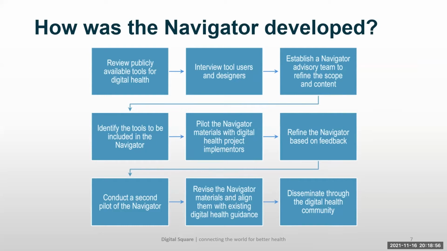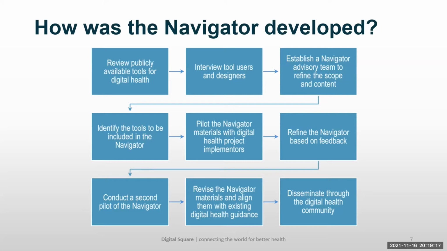Another very important group which has been leading this process is the Maturity Model Small Working Group. If you're not aware, this group is part of the Digital Health and Interoperability Working Group of the Health Data Collaborative, and it has been spearheading this initiative for quite some time.